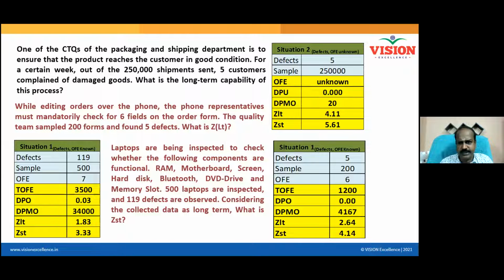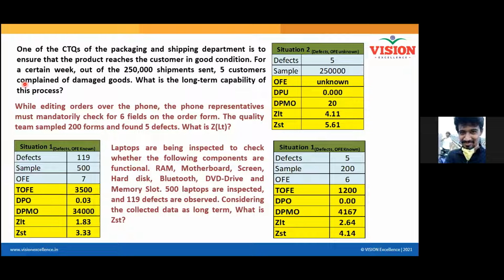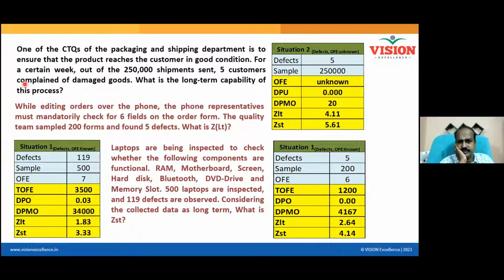Can you please check parallelly? You are able to get it? Can one of you confirm? Anybody trying? Yes, sir. Yeah, please download the Excel file.